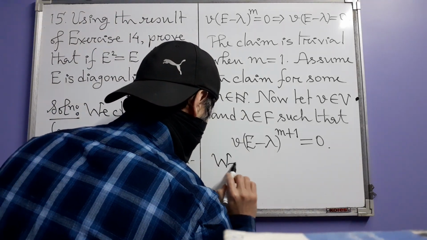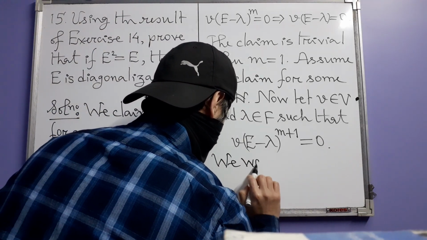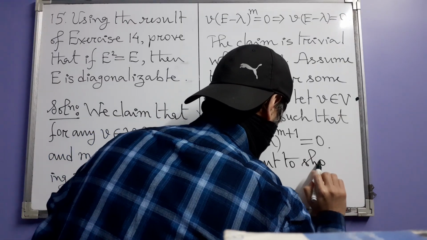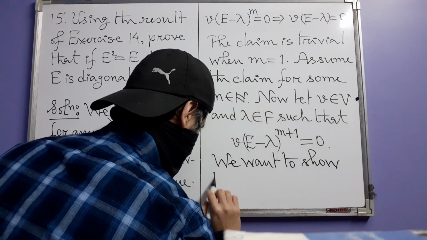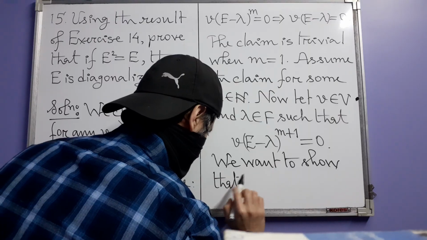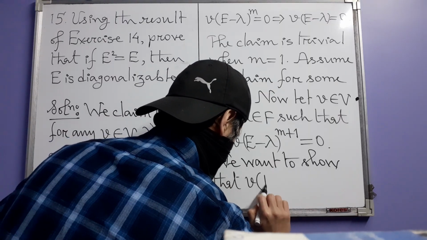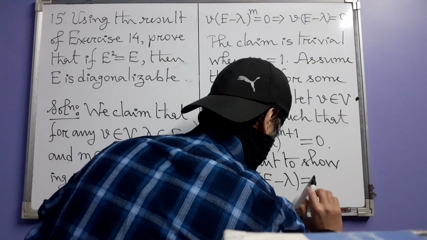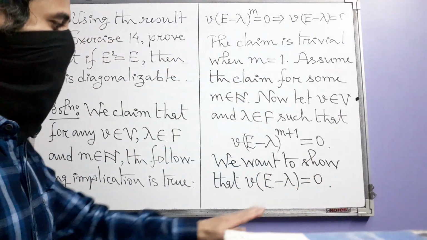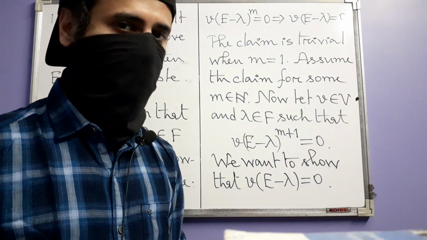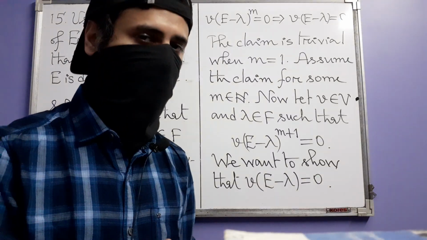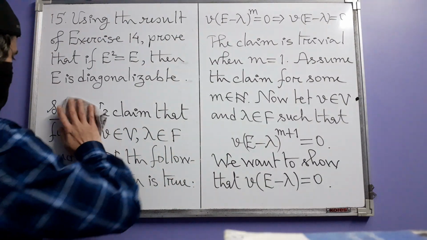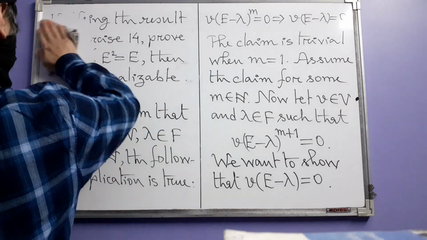We want to show that this is equal to 0. Suppose this is not true, then something must go wrong. Must go wrong means we expect something to go wrong. Let's see if we can get anything like that.